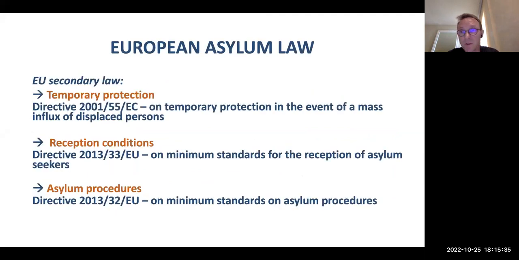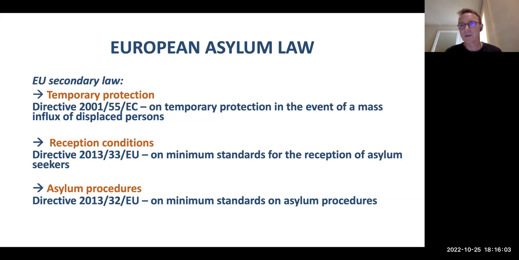When we come to the EU asylum system, I would like to quickly recall the basic legal instruments. We talked about those more related to procedures or reception conditions: the reception conditions and asylum procedures directives.